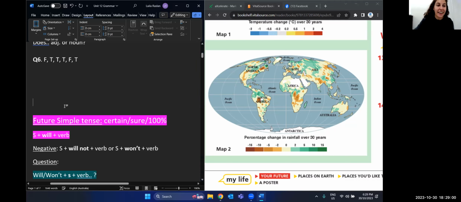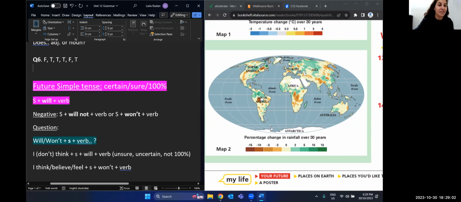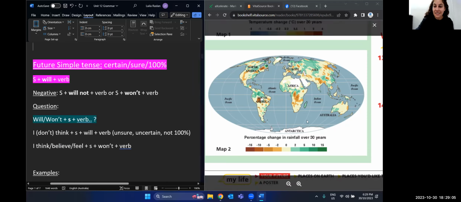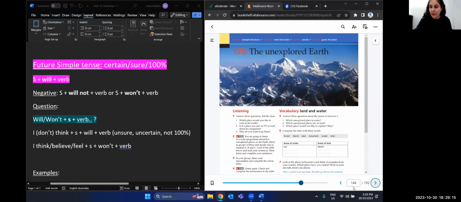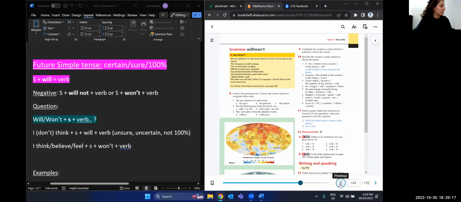Okay, let's look at a bit of grammar. So we have the future simple. So if you remember in the last lessons, we looked at speaking about the past. We know how to talk about the past and make an action that happened in the past. But now we're going to talk about the future.